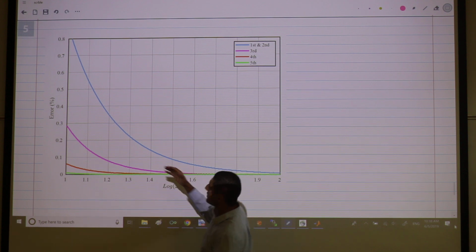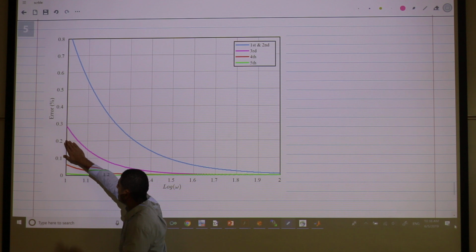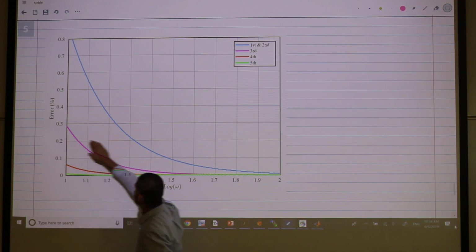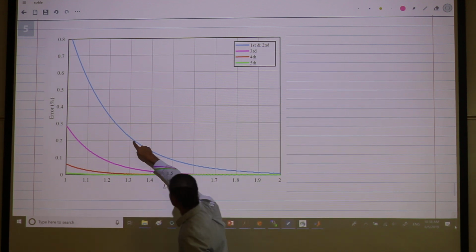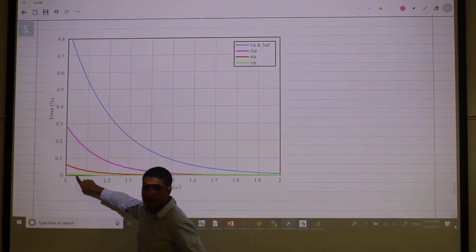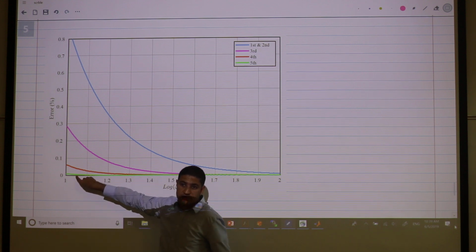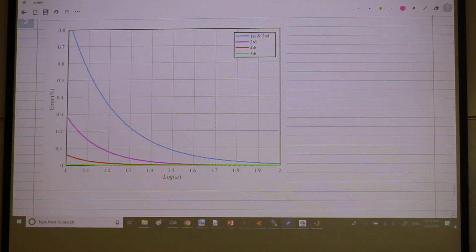I'm trying to say, if you want to meet a certain error level between the average dynamics and exact, say 0.2%, the first order averaging will meet it here. The second order averaging or the third order averaging will meet it there. So you can achieve stabilization at smaller and smaller frequency, making it more feasible for practical applications. So two things from this figure.